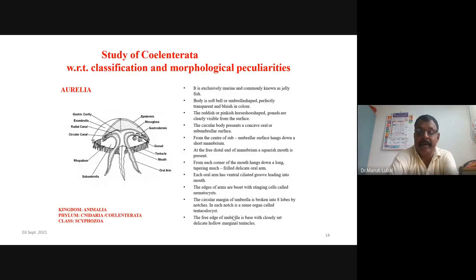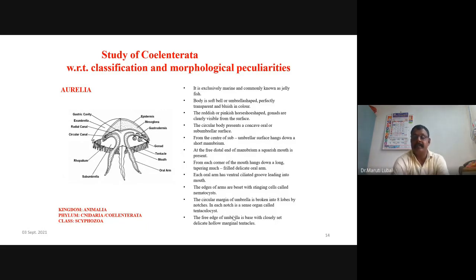Each oral arm has a ventral ciliated groove leading into the mouth. The edges of the arms are beset with stinging cells called nematocytes. The circular margin of the umbrella is broken into 8 lobes by notches.